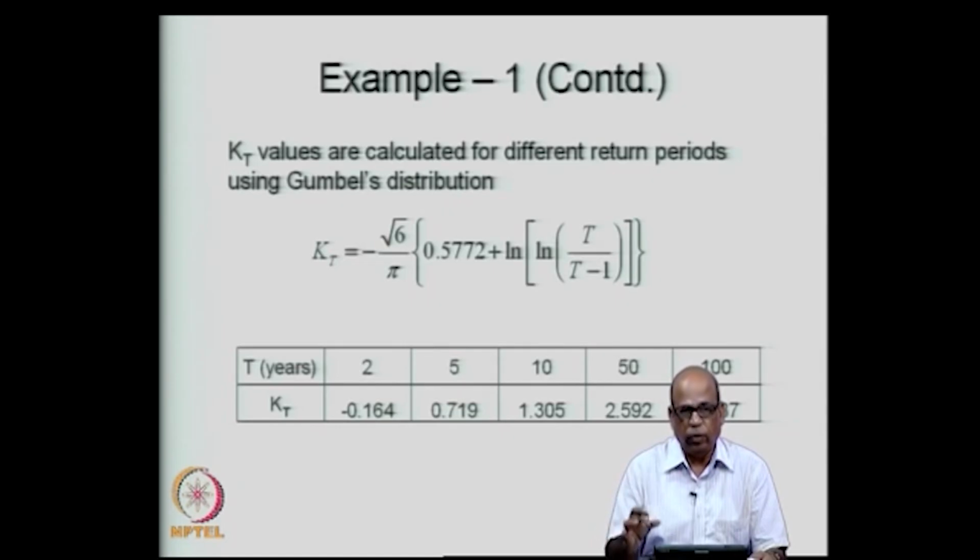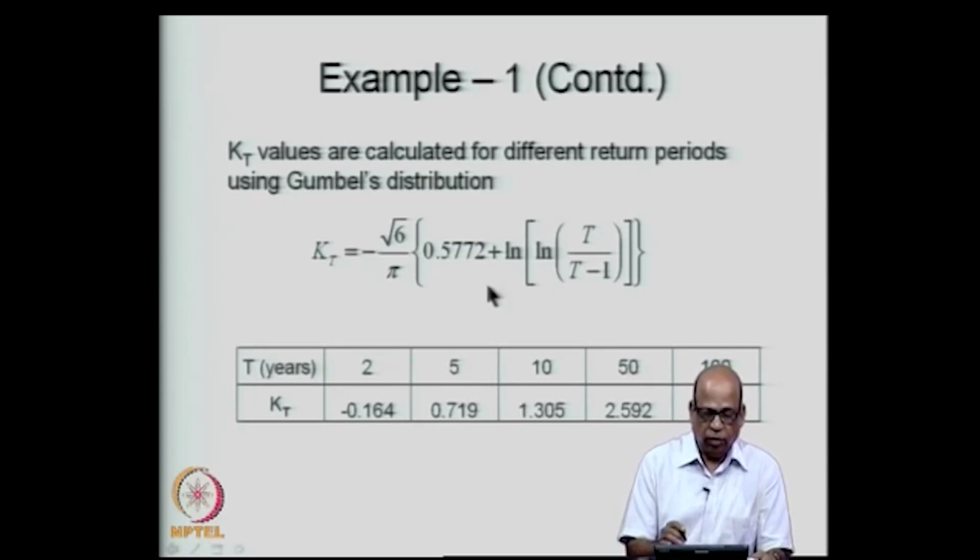That means, it should fit for 1 hour, 2 hour, etcetera. Now, it may so happen that for one particular duration you may use a different distribution altogether. For example, log Pearson type 3 distribution may fit that particular duration better. So, you must use the distributions that fit the data series constructed for these specific durations of rainfall.